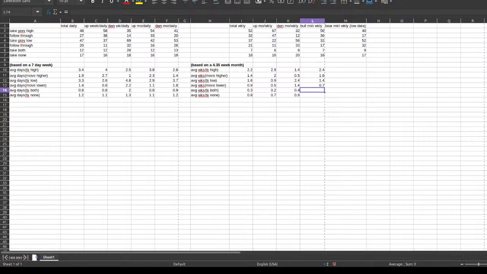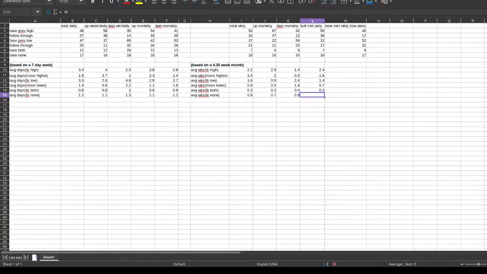Okay. Average weeks to take both. That's going to be 0.07 times 4.35. That's going to be 0.3. Average weeks to take none.